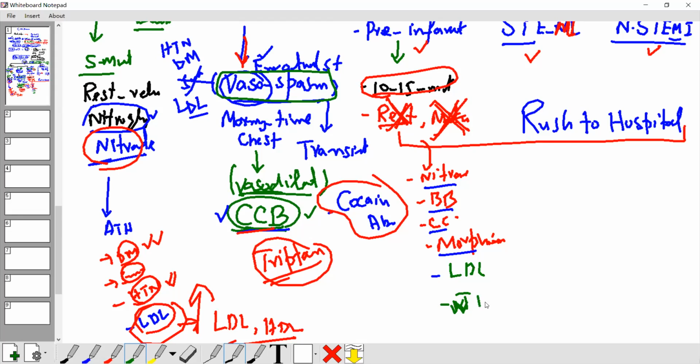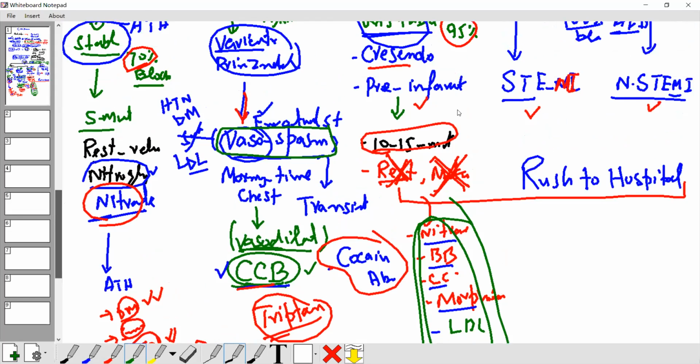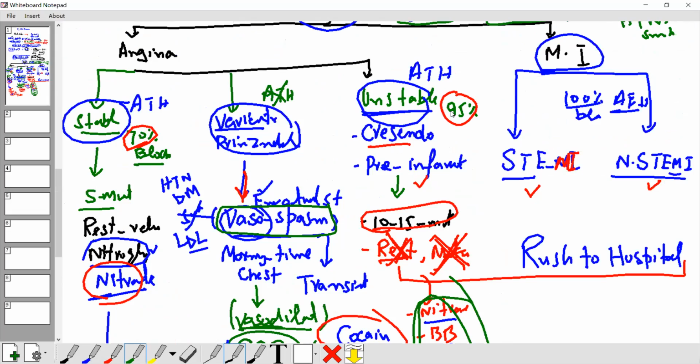All these drugs I give to an unstable angina patient: nitrate, beta blocker, calcium channel blocker, morphine, an opioid to control pain, a drug for LDL, for hypertension, and also for diabetes. The patient must take all these drugs because next time, with the artery 95% blocked, if this plaque ruptures, it is a sudden MI. Understand? Sudden MI.